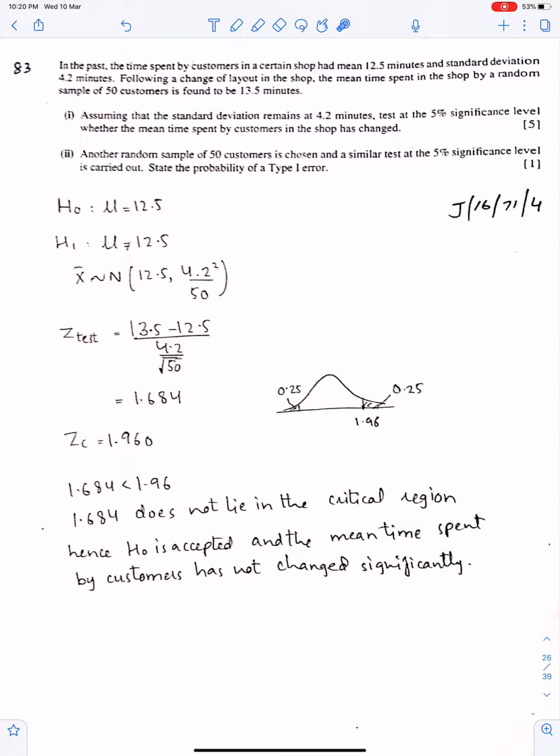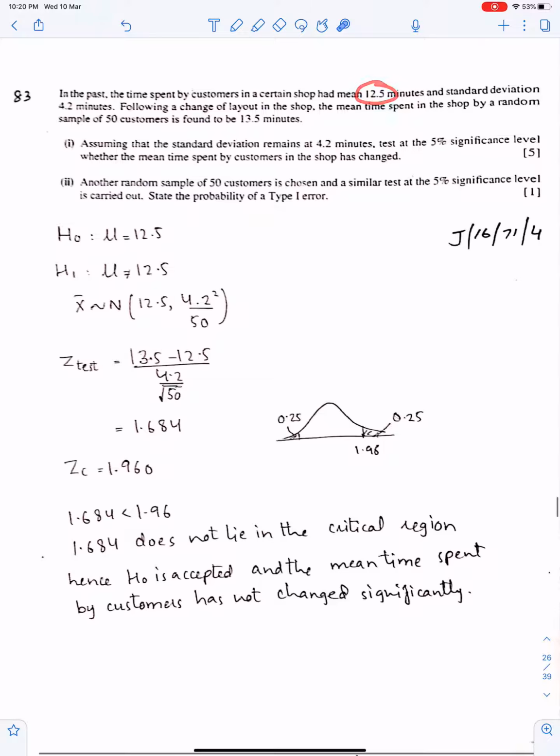Question 83. In the past, the time spent by customers in a certain shop had been 12.5. This is mu. Standard deviation 4.2. Following a change of layout in the shop, the mean time spent in the shop by a random sample of 50.